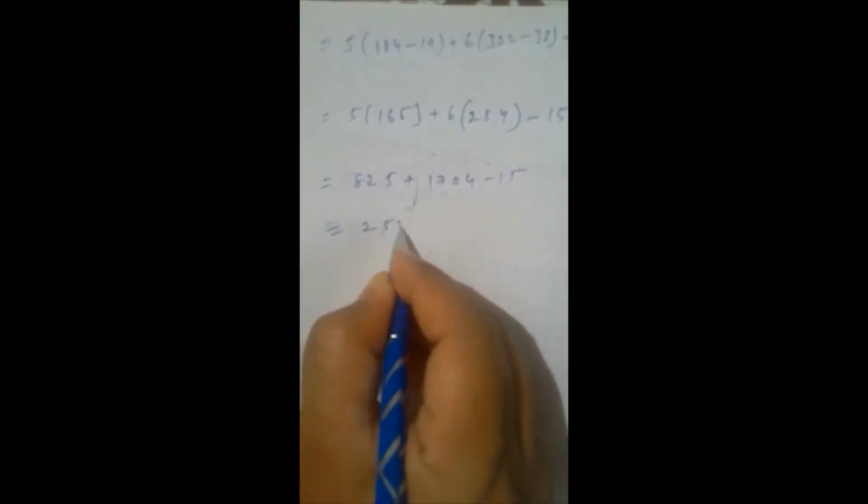If we add these two, we will get 2529 minus 15, which is once again equal to 2514. So delta 3 is equal to 2514.